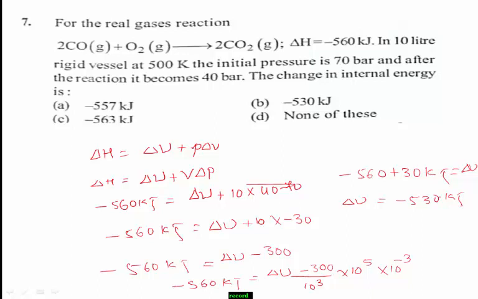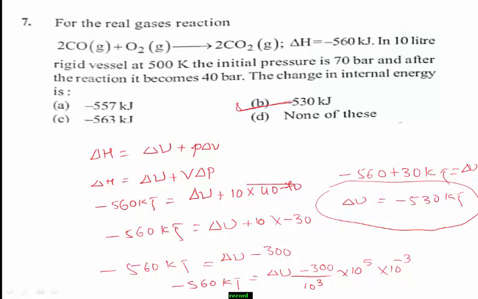Which one is the right answer? The change in the internal energy is minus 530 kilojoule. Therefore option B is the right answer.